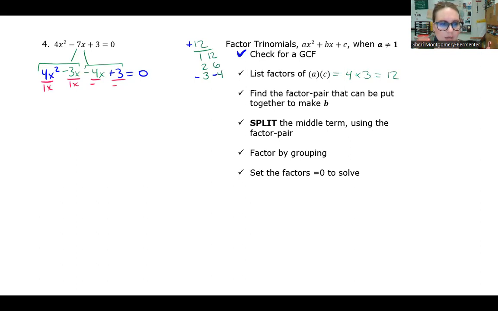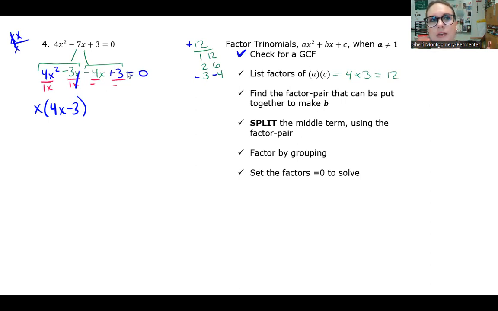I don't have to write the 1, it's just an X. Anytime I have 2 X's on top and 1 X on bottom, that will reduce to just X. Oh, there's a 4 too. And then 3 divided by 1 is -3. X over X, anything over itself is 1. So for my first set of parentheses, I've got 4x minus 3. That's what I need in my second one if I do it correctly.